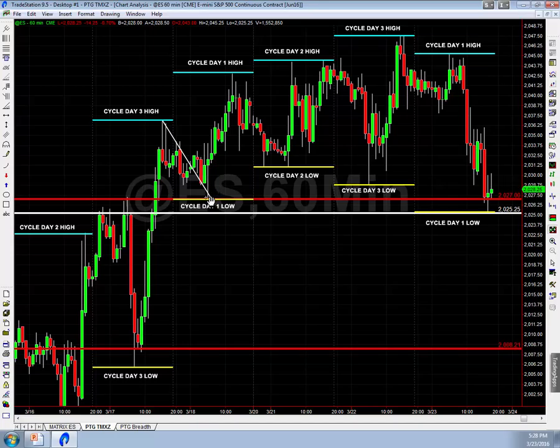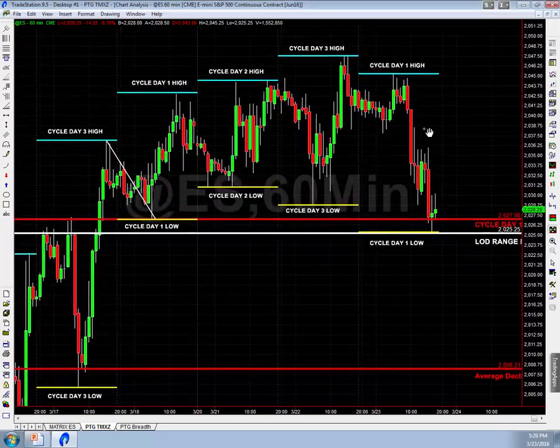Then on cycle day 1 it started to rally. Remember, if you take a look at today's cycle day 1 here to the right, this is a normal cycle day 1.